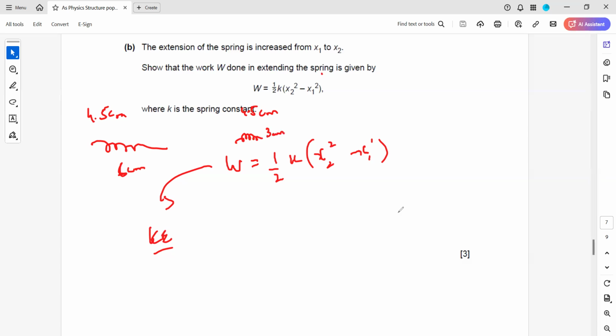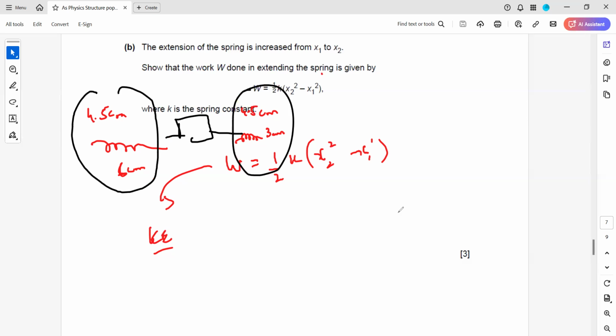So what we will do, we'll calculate the total work done, because the energy stored in the trolley will be the energy of one spring plus the energy of the other spring. One spring is compressed, another one is being stretched. So how much energy is gained by the spring? Which do we take as x2?